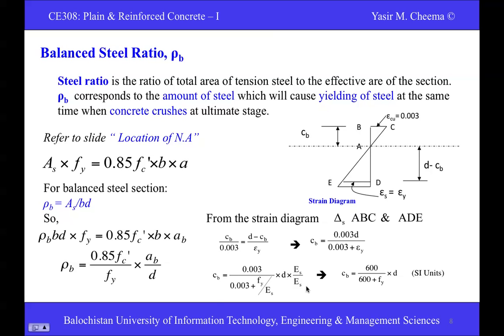So from here you find the value of Cb. Cb is equal to 600 over 600 plus Fy, times d. This is in the SI unit system, international units. I'm not using the foot-pound system because there is also a relation in the foot-pound system where 600 is replaced by 87000. For the foot-pound system, this 600 is replaced with 87000 in the FPS system, but I will continue in the MKS system.